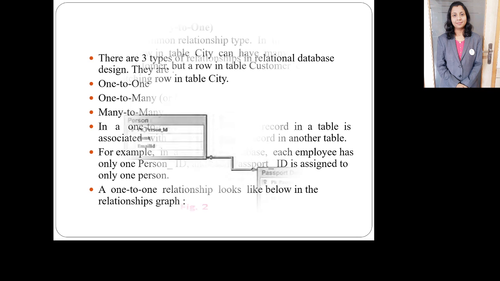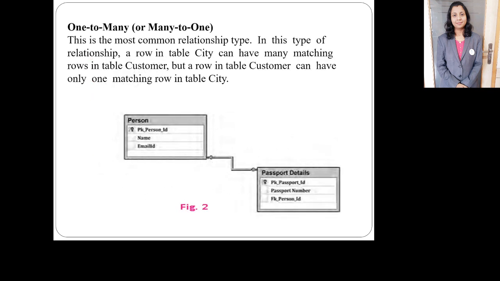Next we will see the most common relationship type, which is one to many or many to one. In this type of relationship, a row in table city can have many matching rows in table customer, but a row in table customer can have only one matching row in table city.